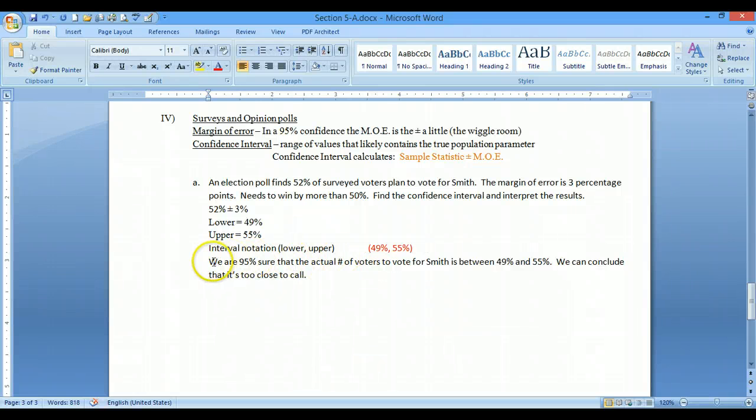Another way of interpreting it is we can state we are 95% sure, because this is a 95% confidence interval, that the actual number of voters, now it's not the full number because we did the poll, that will vote for Smith is between 49 and 55%. But it's really too close to call because it's right there around 50, so we can't say for sure that he will get the vote or not.